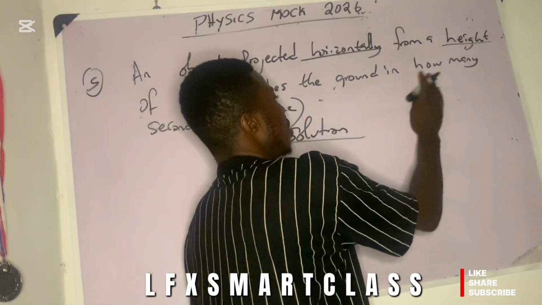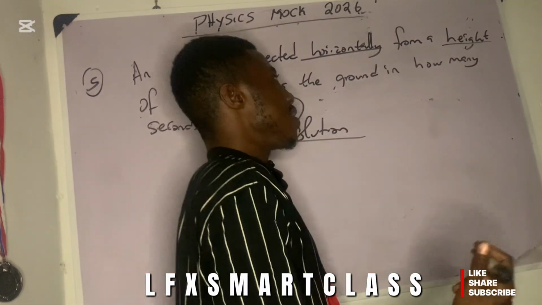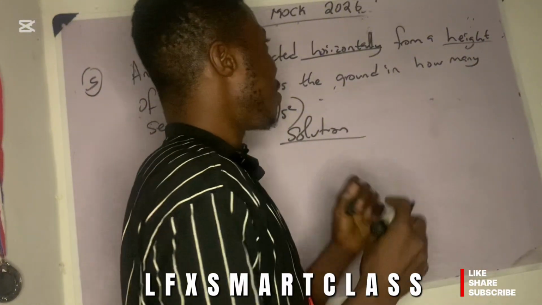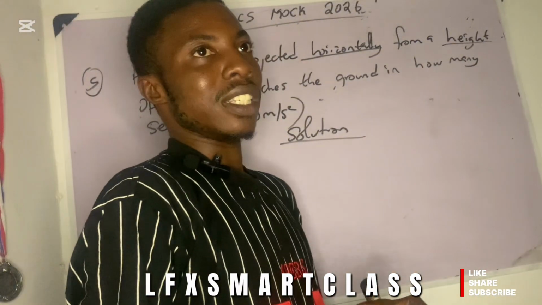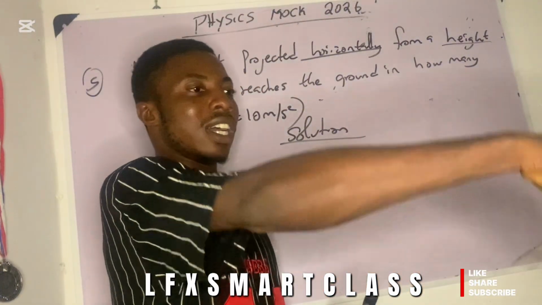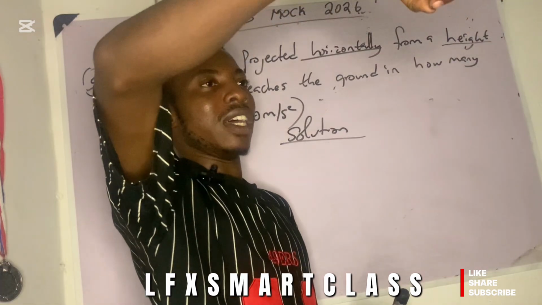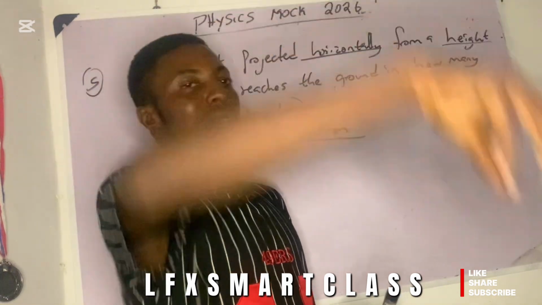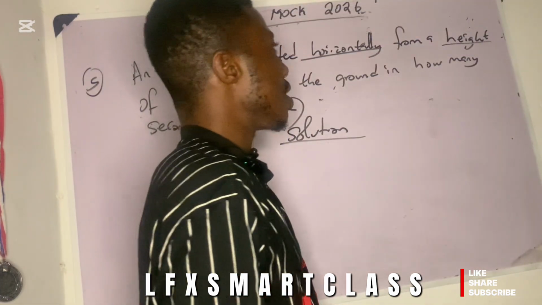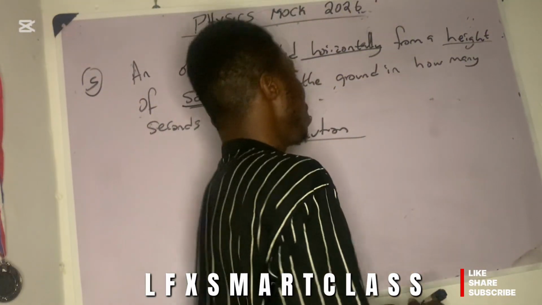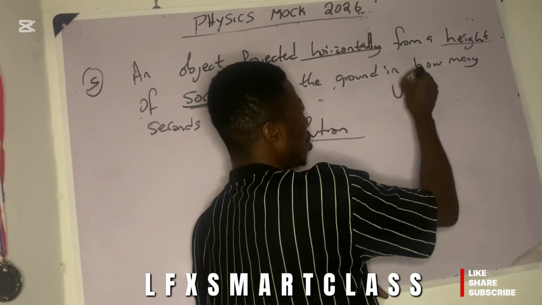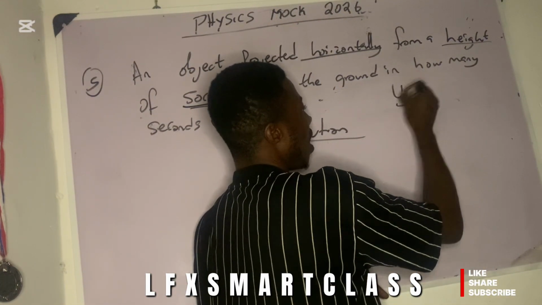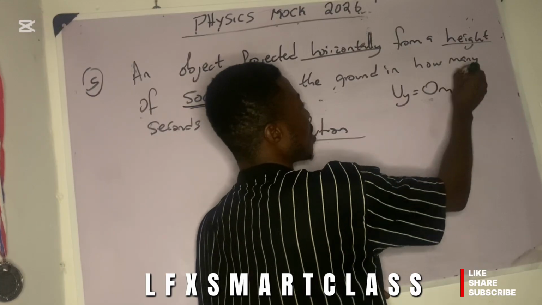Motion. So now having that, we have our initial velocity. When it was left from a height, that means it was actually held like this. It was held like this before being released. So our initial velocity, which is going to be u, is going to be 0 meter per second.